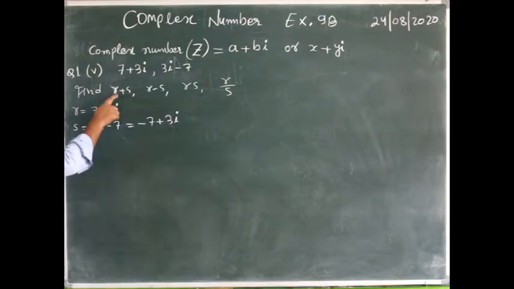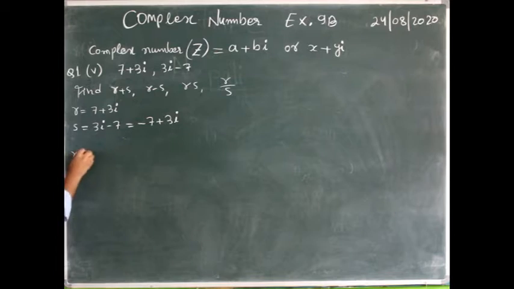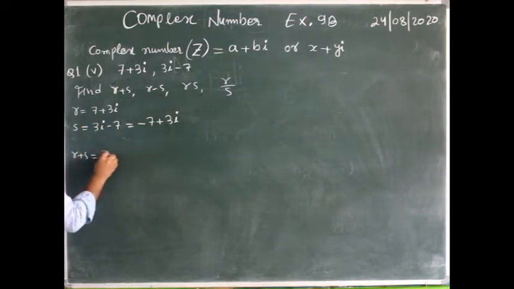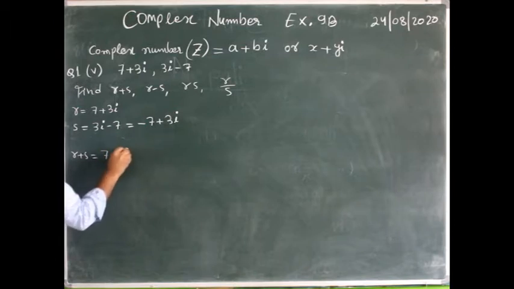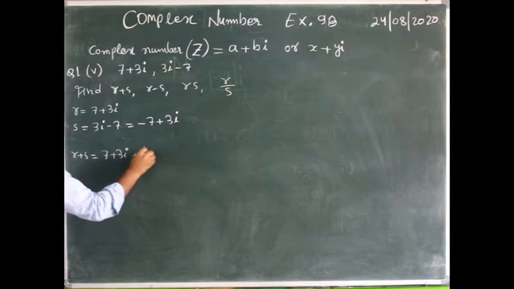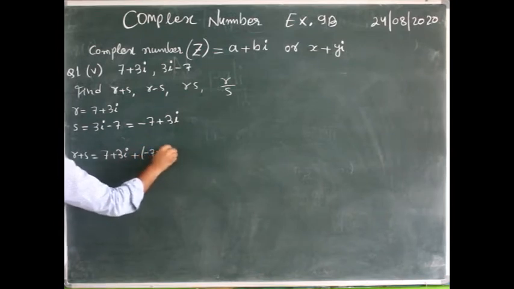Now the first one: find r plus s. R plus s equals 7 plus 3i plus minus 7 plus 3i.